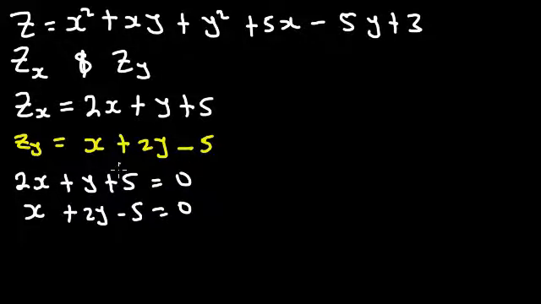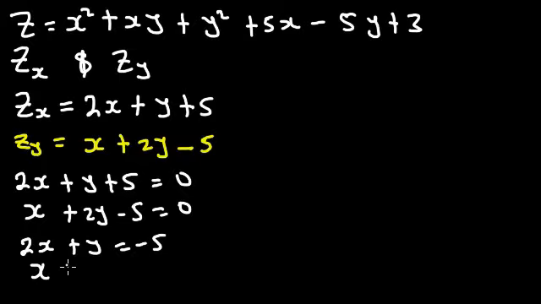But before we do that, let's separate constants from variables. From equation 1, we subtract 5 from both sides, and we end up with 2x plus y equals minus 5. For the second one, we add 5 to both sides, and then we have x plus 2y equals 5.